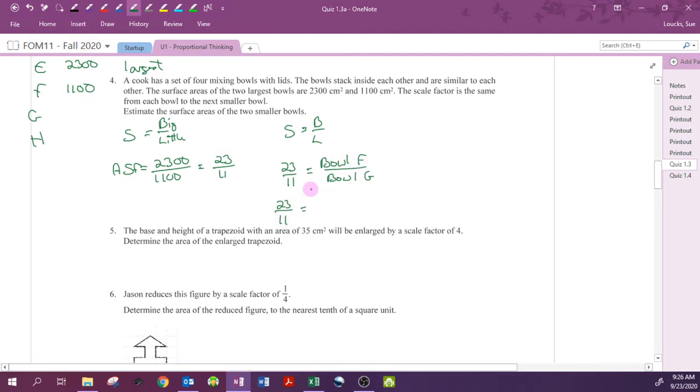Bowl F is 1,100. So this is 1,100 over the size of bowl G. So bowl G is 11 times 1,100 divided by 23, which is 526 centimeters squared. And I'm going to write that up here, 526 centimeters squared.